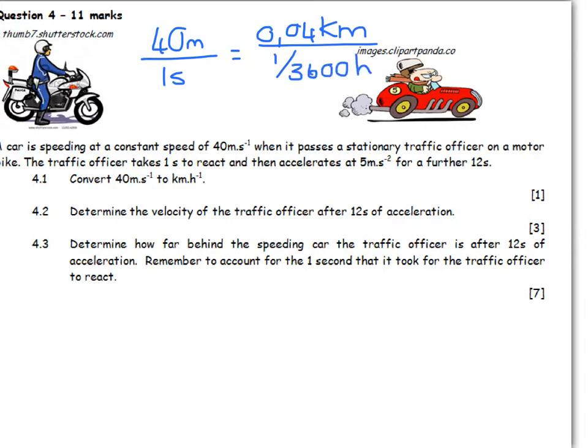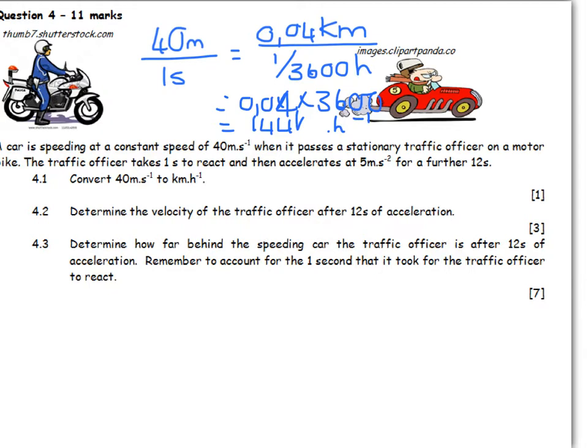So I've now got kilometers divided by hours, kilometers per hour. If I want to punch that into my calculator, if I've got a denominator in a denominator, in other words a bottom in a bottom, I land up with 0.04 times by 3,600, and I get 144 kilometers per hour.